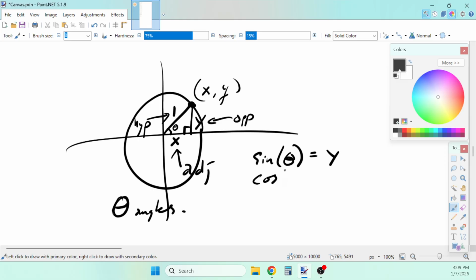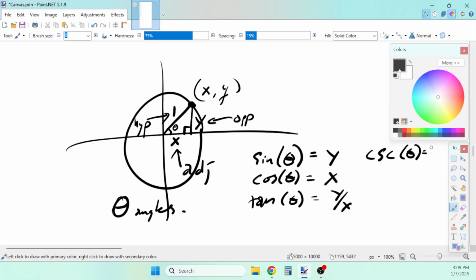The cosine is the adjacent over the hypotenuse, which is going to give us x. The tangent of the angle is the opposite over the adjacent, y over x. And then our reciprocal functions, where like cosecant is 1 over y, because it's 1 over sine. Secant is 1 over x, and cotangent is x over y.